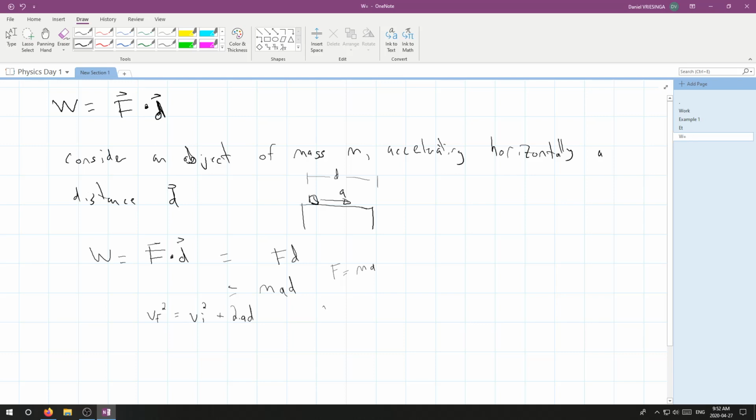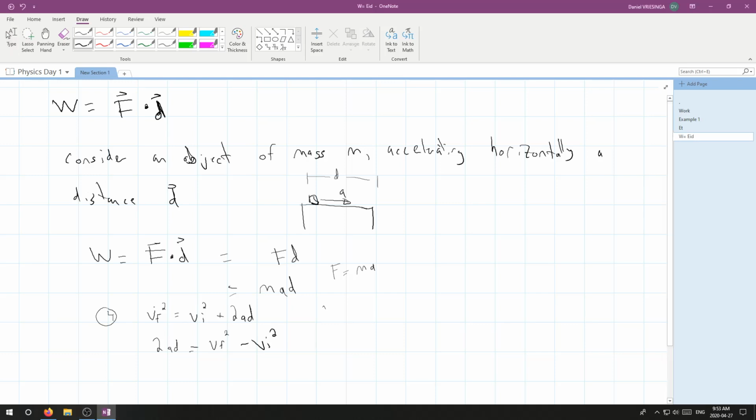That's the equation there, and that was equation 4, I believe. So I'm going to take that and rearrange it for AD. So I will say that 2AD equals VF squared minus VI squared.